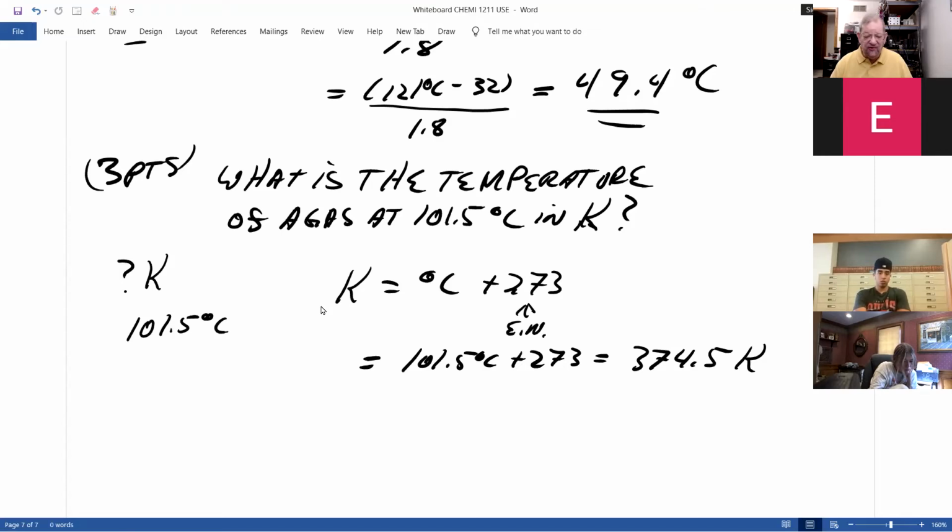Yes, because this has one past the decimal, and we're adding, and this is an exact number, so I have one past the decimal. Remember, the number you're starting with determines the significant figures, because this right here is an exact number.